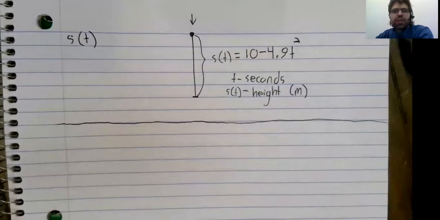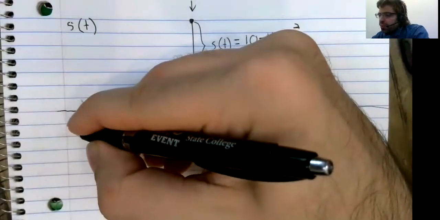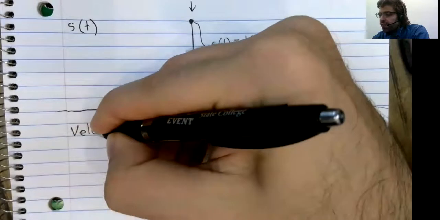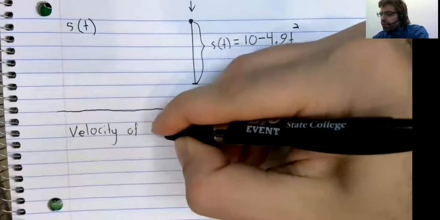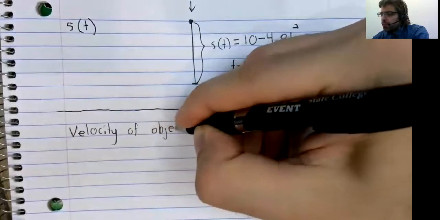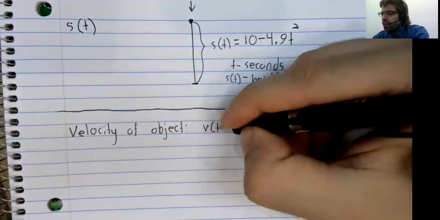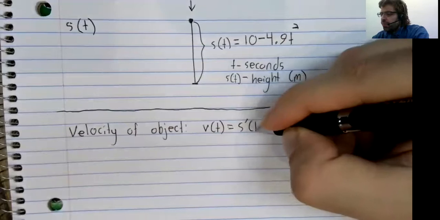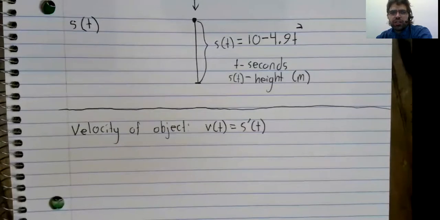So we've done a few examples by now with a falling object. And at this point, it should be pretty clear to us that the velocity of the object is gotten by taking the derivative of the position function.